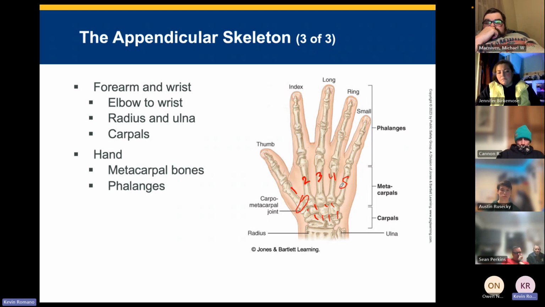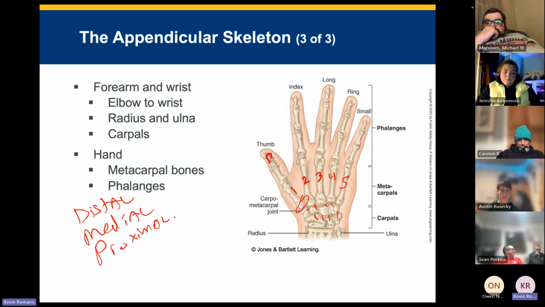In the finger, the thumb has two bones, right? We have distal, medial, and proximal. So in the thumb, since there's only two bones, this one here would be distal and proximal phalanx.